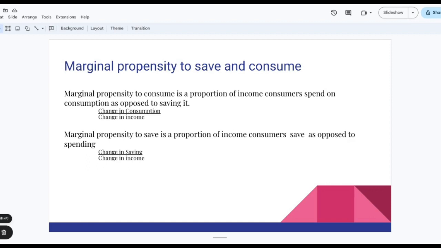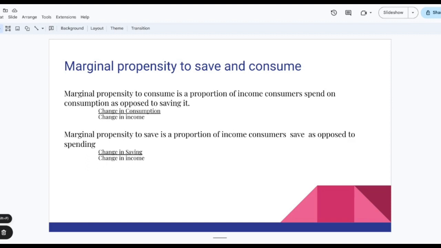Marginal propensity to consume, abbreviated as MPC, is the proportion of income that consumers spend on consumption as opposed to saving it, while marginal propensity to save is the proportion of income consumers save as opposed to spending.